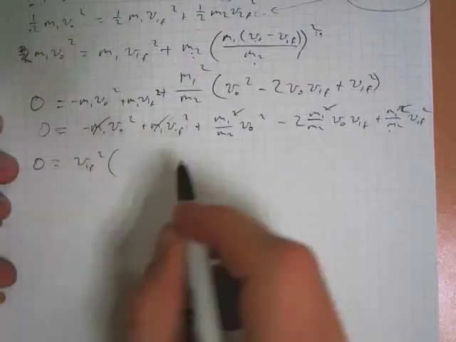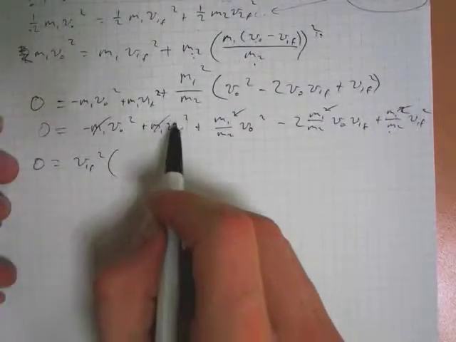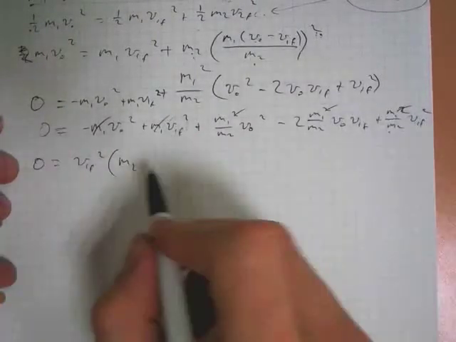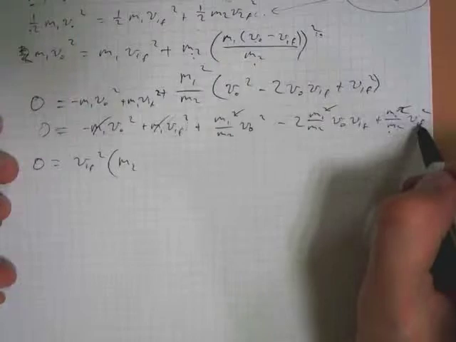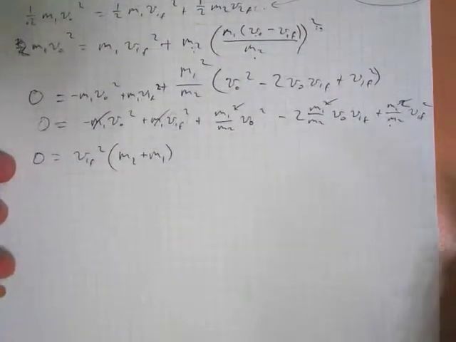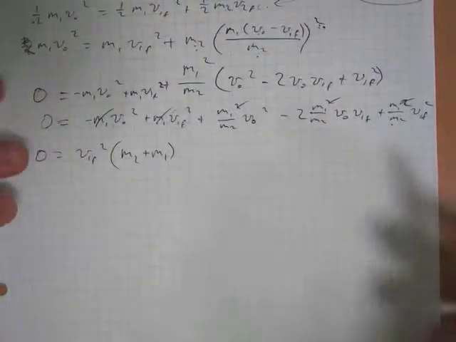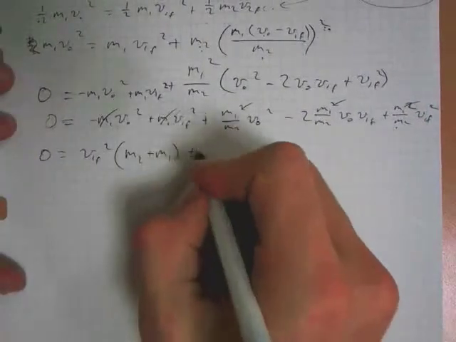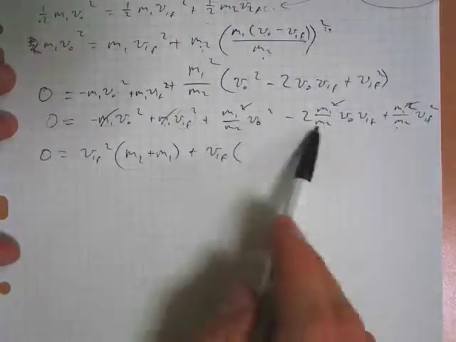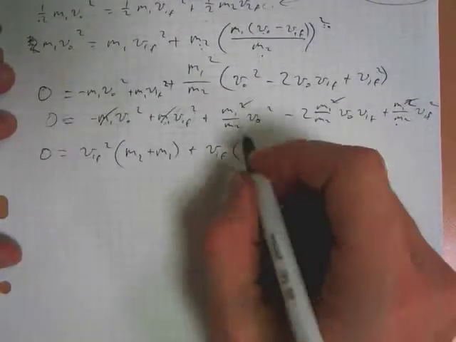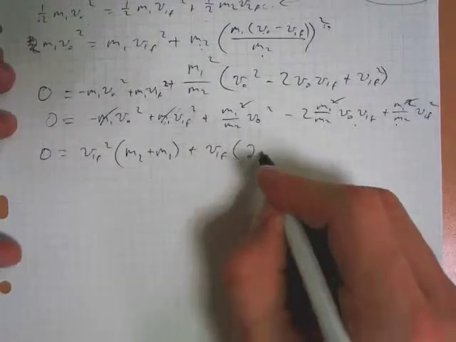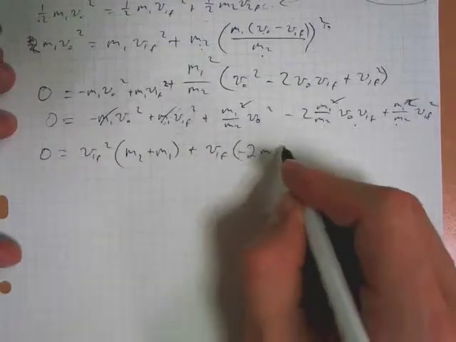So we've got a v1 final squared, and multiplying through by m2, this is just m2 plus m1, times v1 final squared. Then plus, for v1 final, we get minus 2 m1 v0.